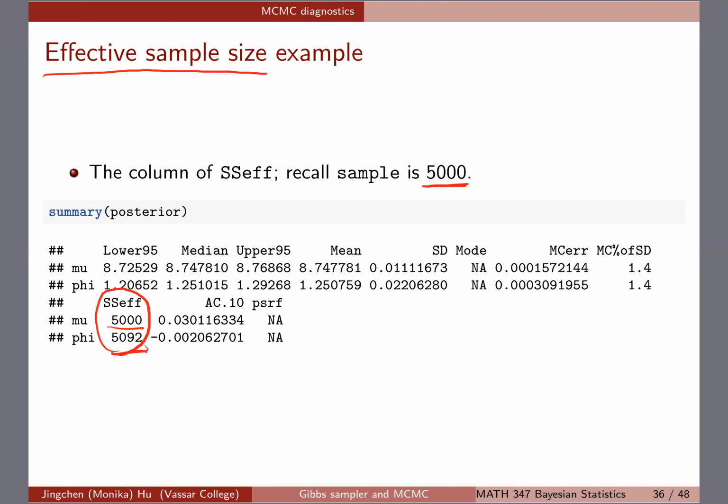So effective sample size of an MCMC is trying to evaluate, say the sample is 5,000, right? And the column is going to tell you the equivalent number of Monte Carlo draws that we have compared to the current MCMC draws. Let me say that again. The MCMC draws we have is 5,000.